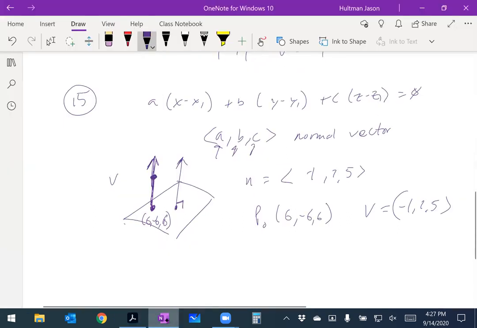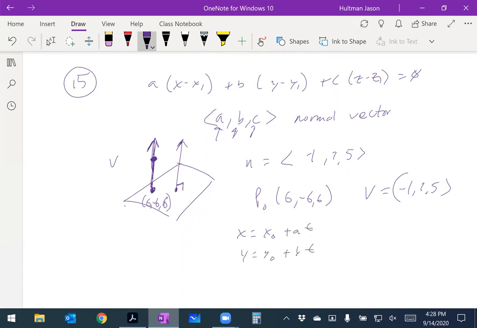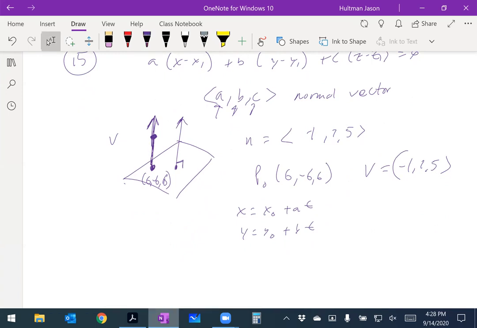And so they're just setting you up here. x is equal to x naught plus at, y is equal to y naught plus bt, and z is equal to z naught plus ct, and this is a vector, by the way.